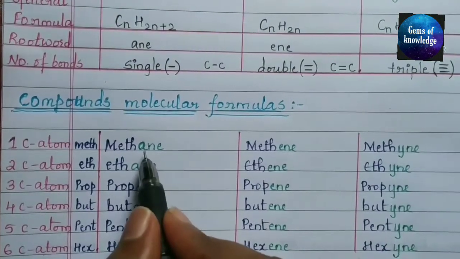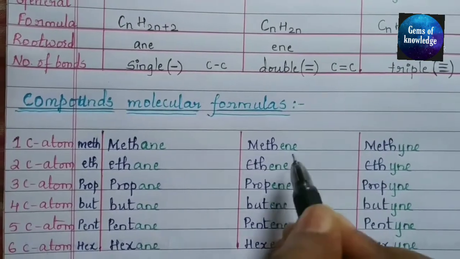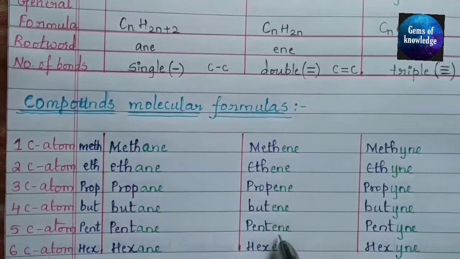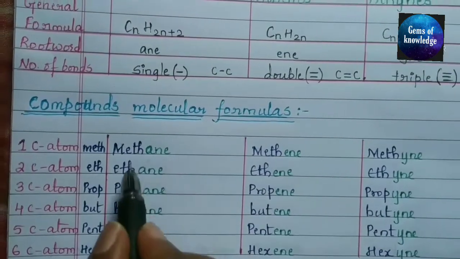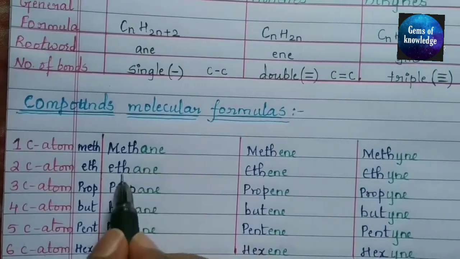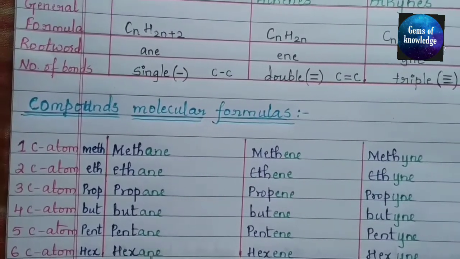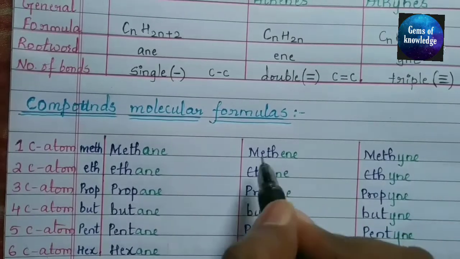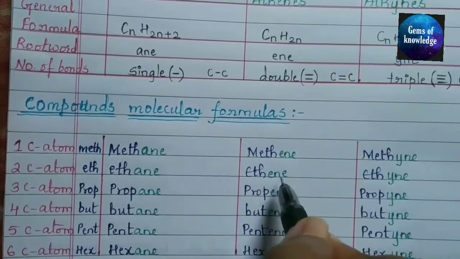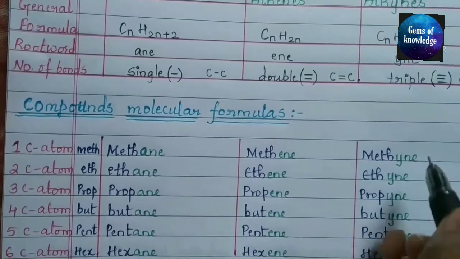For alkane it will be ANE, for alkene it is ENE everywhere, and for alkynes it is YNE everywhere. So this will become methane, ethane, propane, butane, pentane, hexane. In case of alkenes it will become methene, ethene, propene, butene, pentene and hexene.